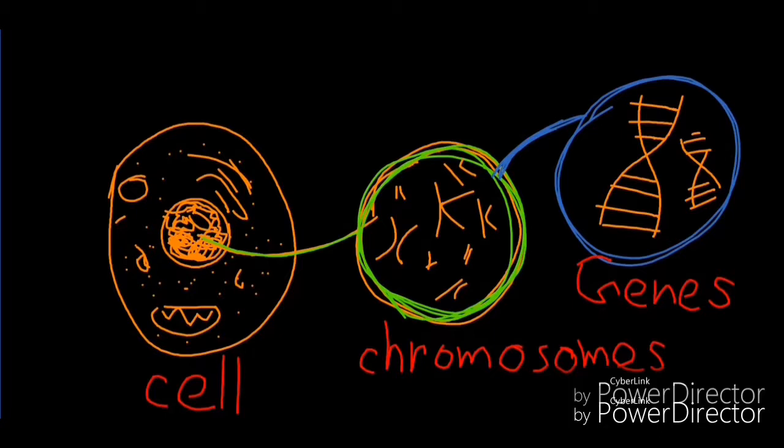So what is genetics? When you look at the word genetics, we see another word called genes. So what are genes, and where are they located? That is our first question. If you look at a simple cell, not a neuron cell, you'll always find something called the nucleus.